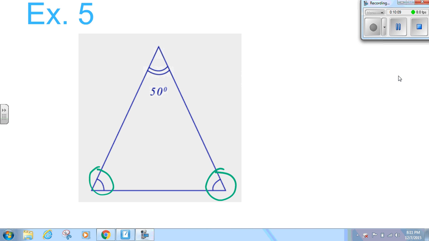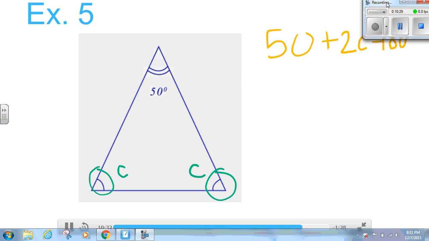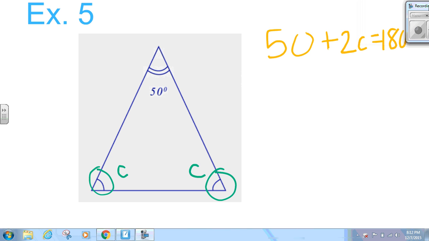So in this case, if I know these two angles are the same, I can go ahead and put in C and C here. And so I have 50 degrees plus 2C equals 180 degrees. So I can subtract my 50 degrees from both sides.